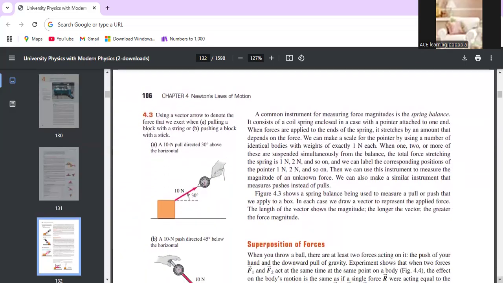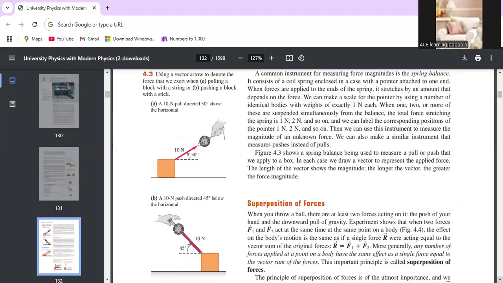We've also done forces and how to calculate the resultant force. Like I explained, the resultant force is a force that will have the same effect as several forces acting on an object.